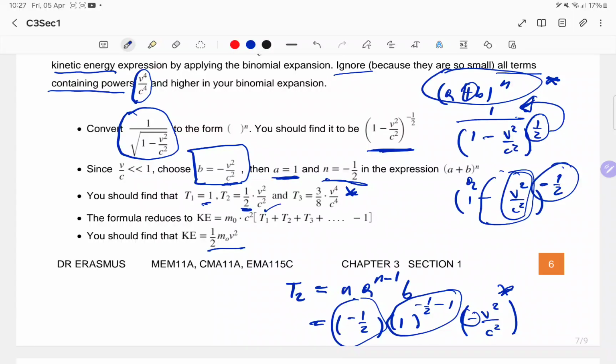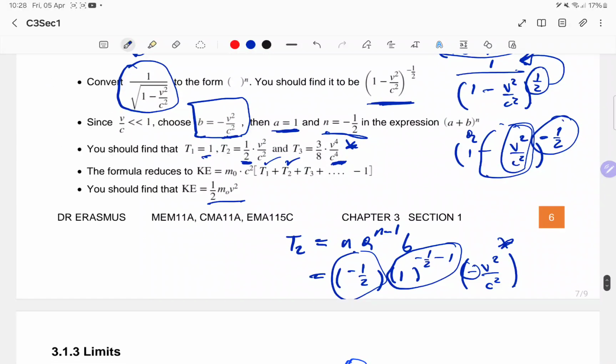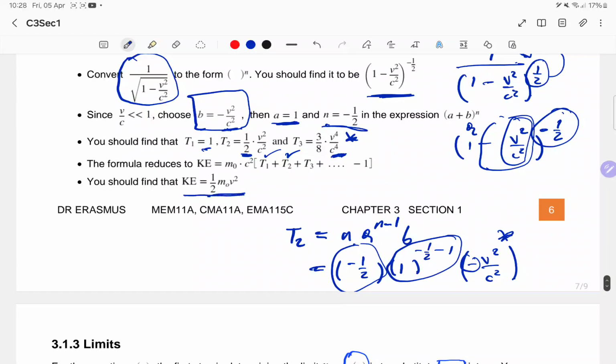We have term 1, which is 1, and term 2, v squared over c squared. This is much smaller, so we ignore it. You should find your kinetic energy equals this.